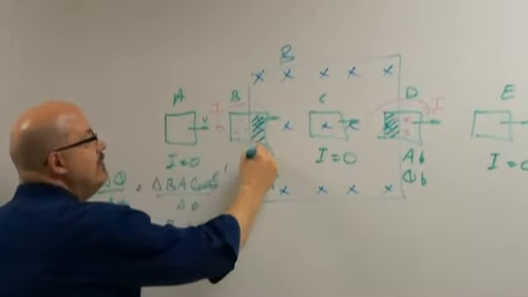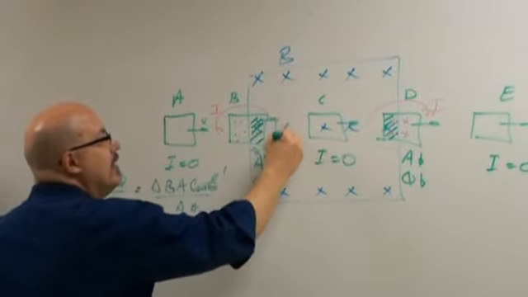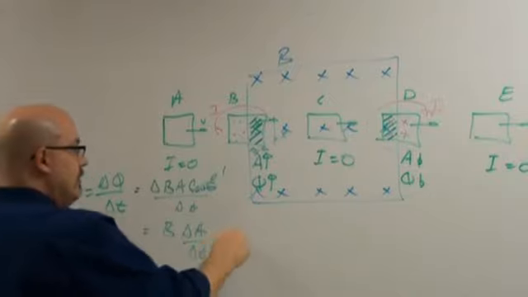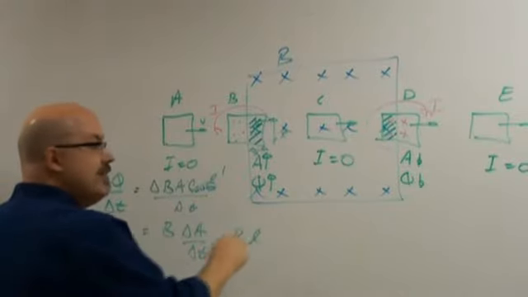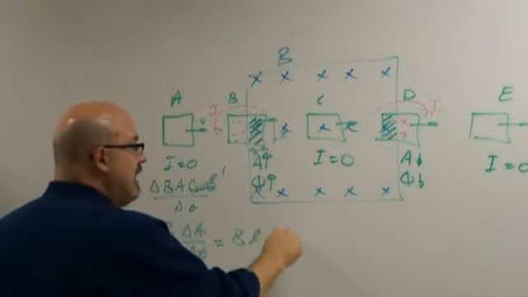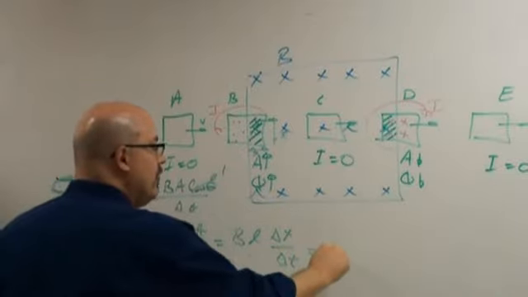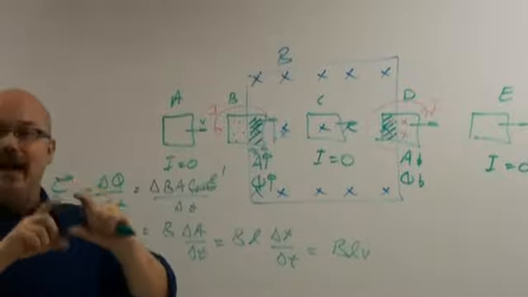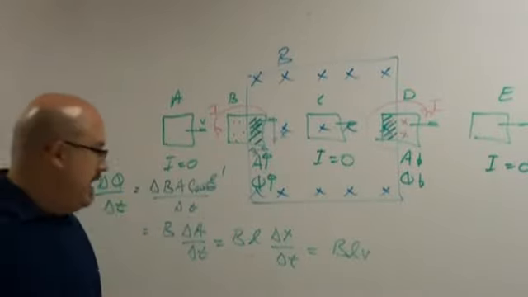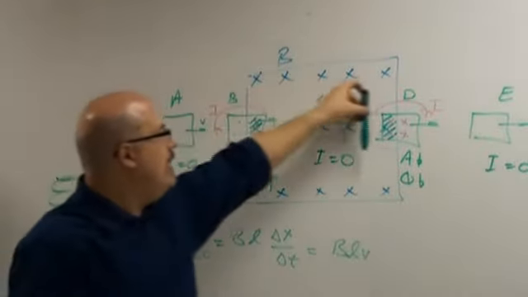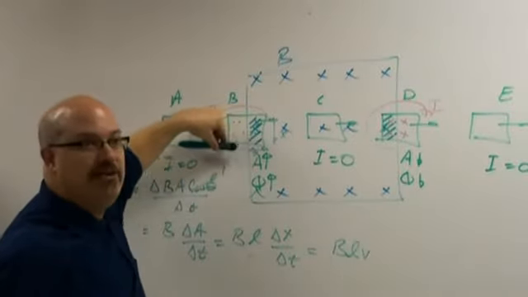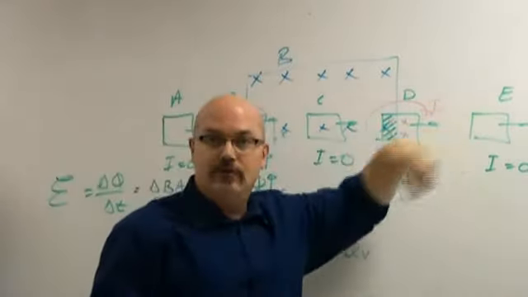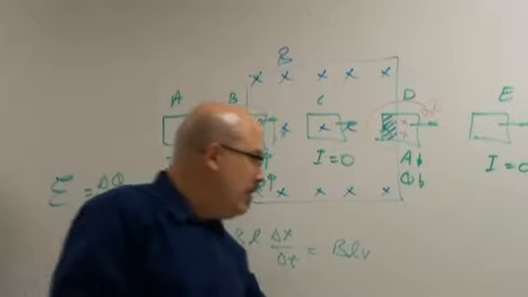I have the X measurement and I have the L measurement. Notice the L is not changing, but I have a change in X with time, right? So I get BLV. Remember, L is the length that's not changing. It's the one that's going straight through. This is the length that's changing as it goes in and comes out. Does that make sense? All right.